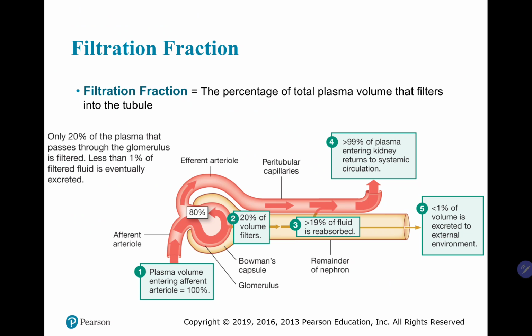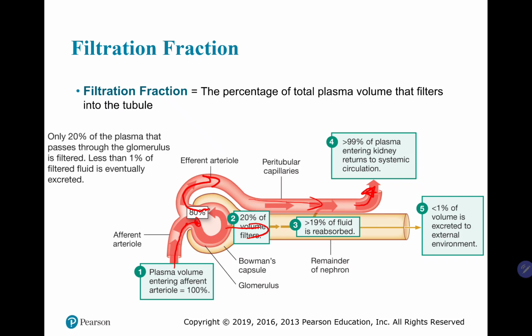So the filtration fraction is simply the percentage of total plasma volume that filters into the tubule. So 100% of the blood that enters via the afferent arteriole is going to enter the glomerulus. Only 20% of that will get filtered through. 80% of it that does not get filtered through will return back to the efferent arteriole, then go to the peritubular capillaries, then go to the renal vein and out, and then this process just goes over and over.